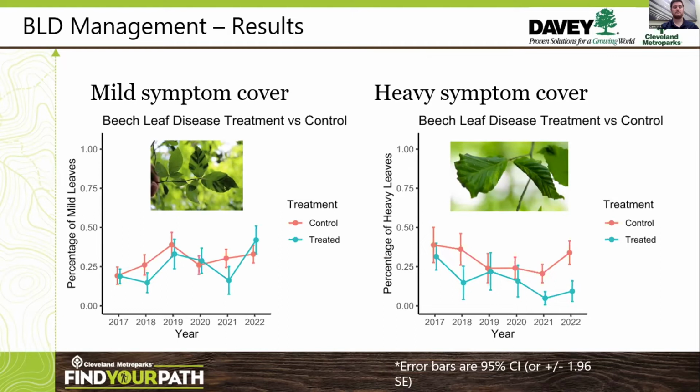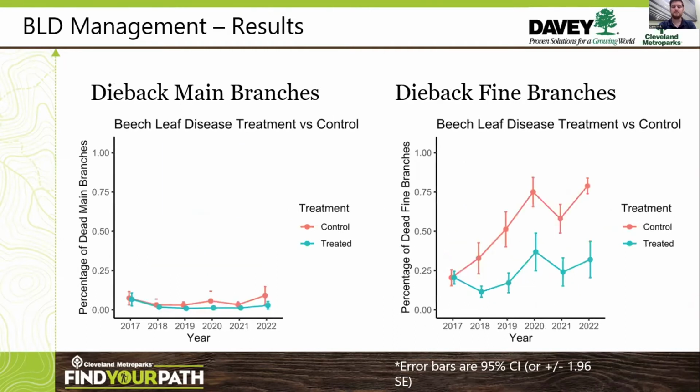So we do have mild symptoms still on our treated trees. But you can see on the right, our heavy symptoms, there is starting to get a little bit of a gap here after a while. Our treated trees being about 10% coverage or percentage of the canopy with heavy leaves, and our control trees being, again, about a third. So pretty big difference there.